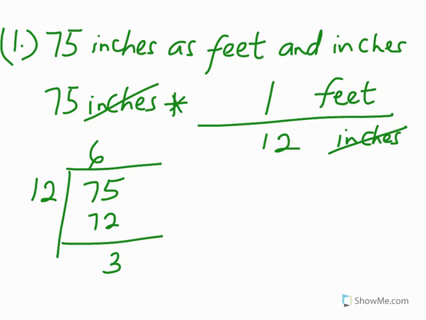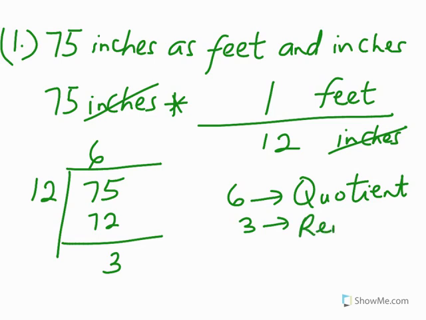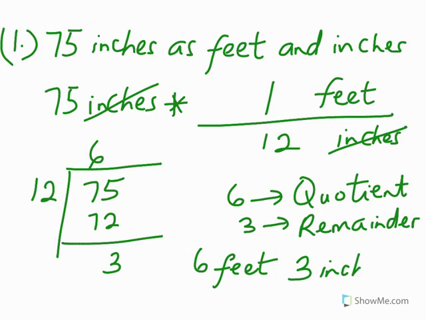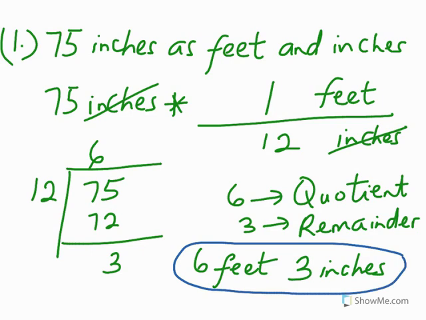We know that 6 is the quotient, and 3 is the remainder. So what we want to do here is we keep the quotient as the bigger unit, 6 feet, and the remainder as the smaller unit, 3 inches. And that becomes the answer. Let me put some smile on your face. So that is what we do in this case.